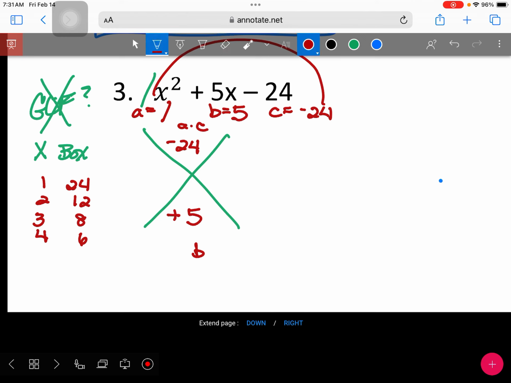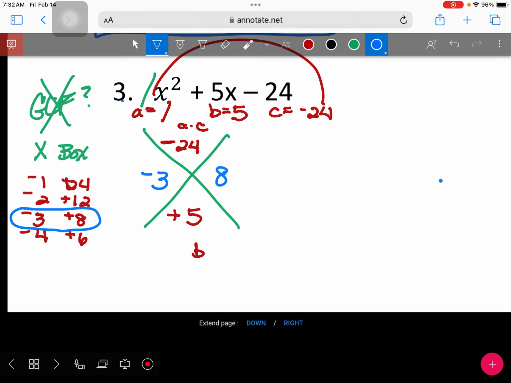That means my largest number is also positive. So all of these are positive, which means since I have a negative product, these have to be negative. So which of these pairs add up to 5? Negative 3 and positive 8.